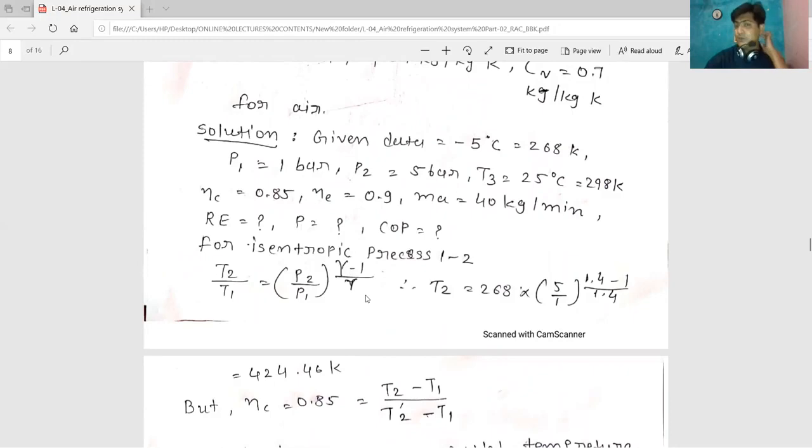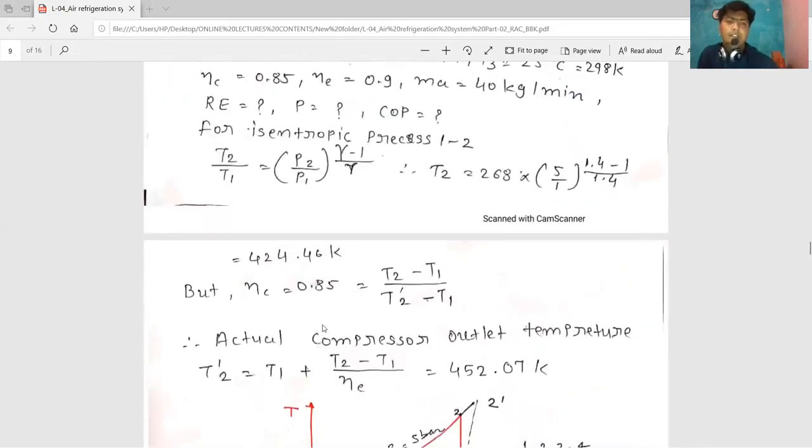But this T2 is the ideal temperature at the outlet of the compressor. Since compressor efficiency is given, we calculate the actual temperature. Efficiency 0.85 is equal to T2 minus T1 divided by T2 dash minus T1. T1 is given, that is 268.